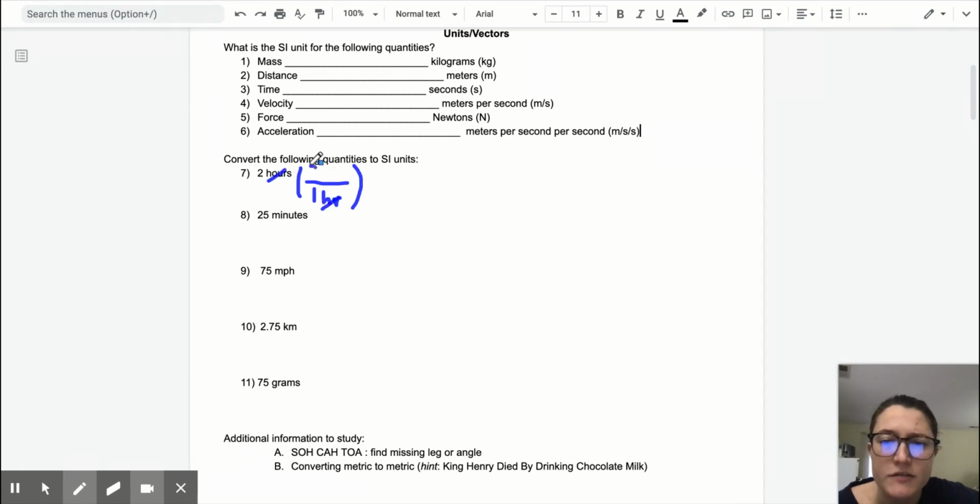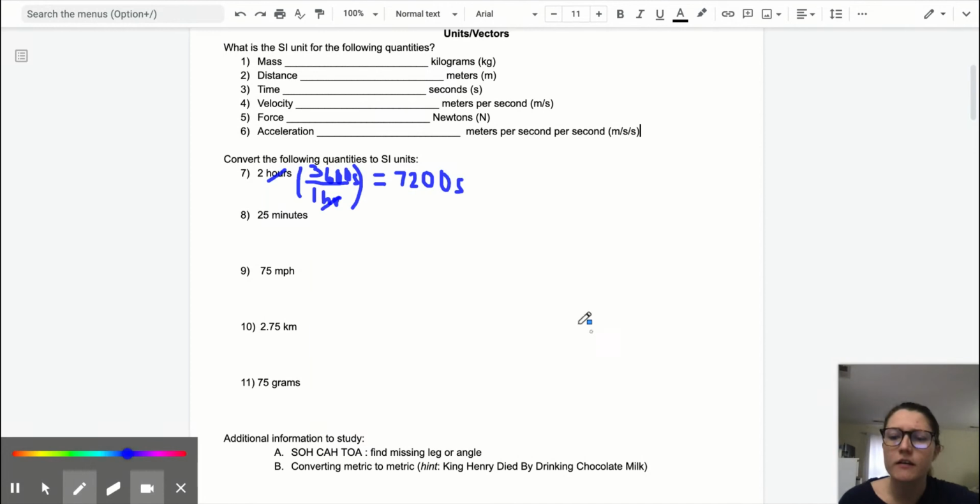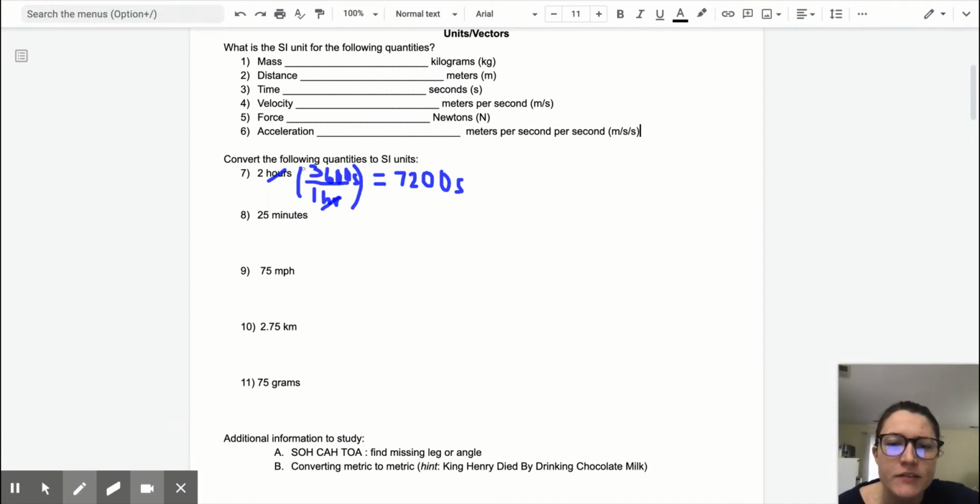Okay, we know that there's 3,600 seconds in 1 hour. When we plug that into our calculator, 2 times 3,600, we get 7,200, and our units are seconds. So that is our final answer. Okay, so that is single unit conversions. We're going to skip down to number 9.